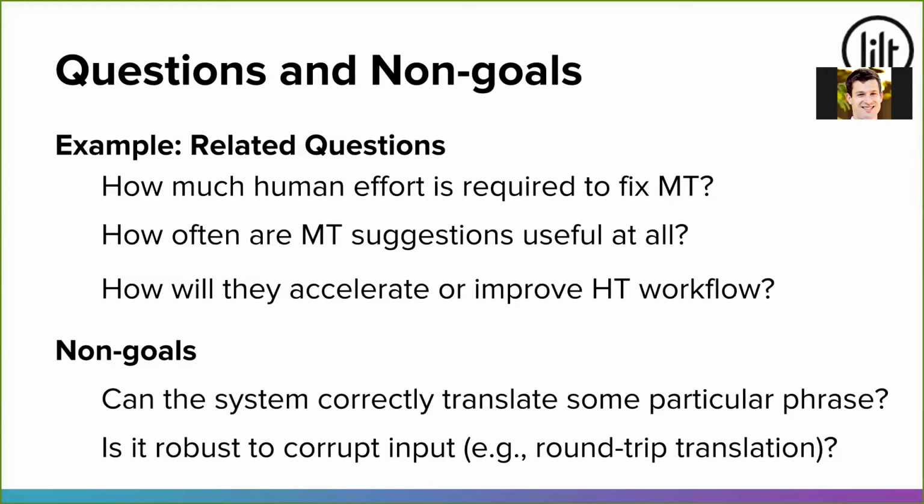This is something like round-trip translation. If you translate something from German to English with an MT system, and then English back to German with another MT system, how good does the system do? That's an interesting question, but it's not one that people typically look at in machine translation evaluation.